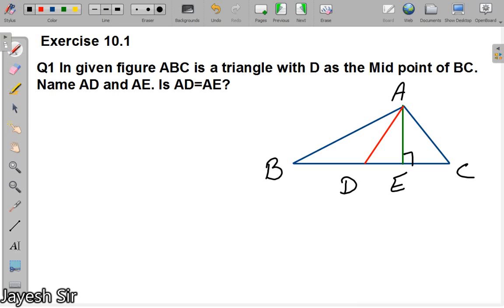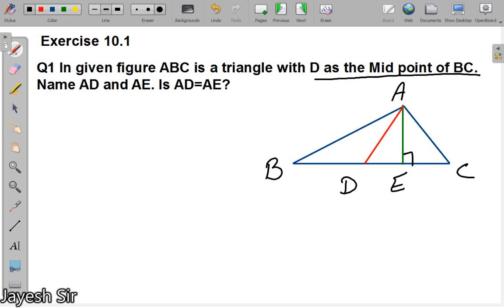Okay, as you can see in the diagram, AD line is dividing side BC in two equal parts. How can I say that? Because in the question it is stated that D is the midpoint of BC.